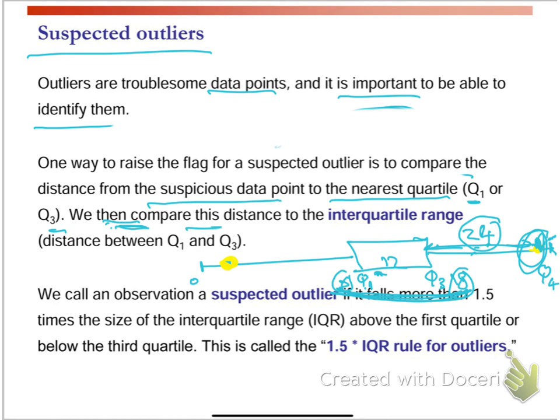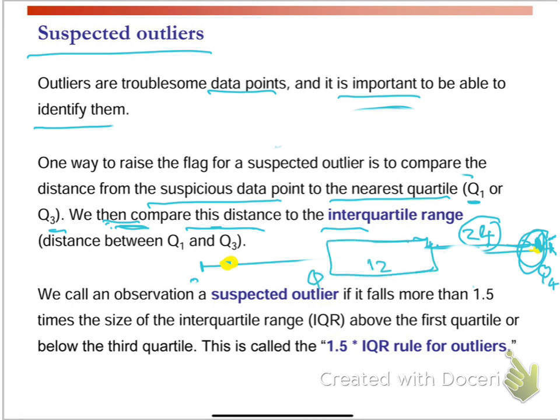When we compare the distance to the interquartile range, the distance between Q1 and Q3, we call the observation a suspected outlier if it falls more than 1.5 times the size of the interquartile range. If the size of the interquartile range, as I said just now, is 12 between Q1 and Q3, and this distance is 24, so it's more than 1.5.